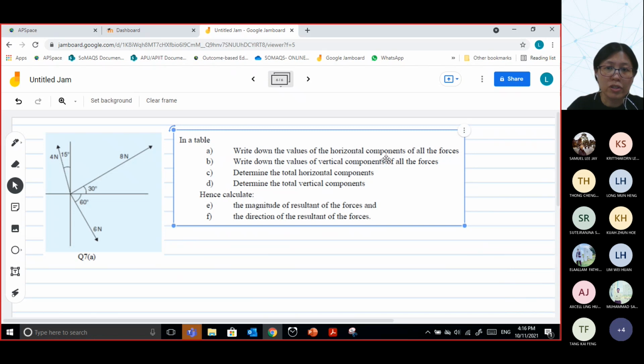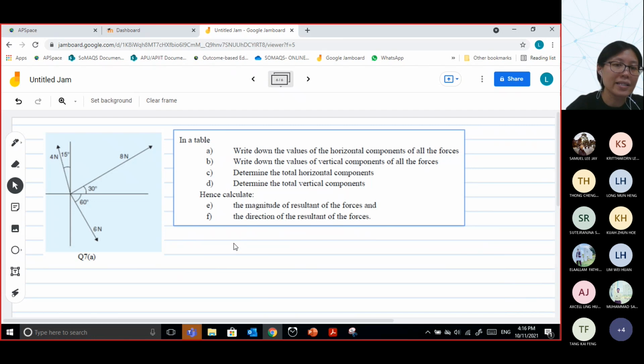Write down the values of the horizontal components for all the forces and vertical components for all the forces. Then C, the total horizontal components. D, the total vertical components. And hence calculate E, the magnitude of the resultant forces. F, the direction of the resultant of the forces.